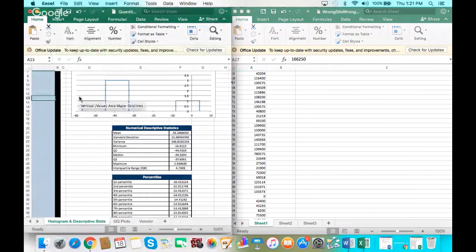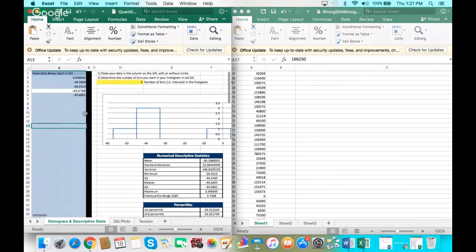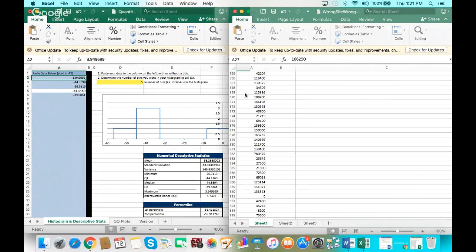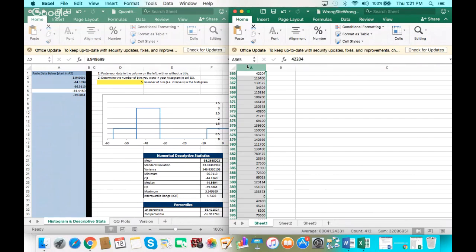I had this one up earlier to do the means, but I couldn't figure out how to paste them all at the same time. Oh, okay. So if I want to paste all of these into here... If you click where it says A, does it highlight them all on the other one? Yeah.